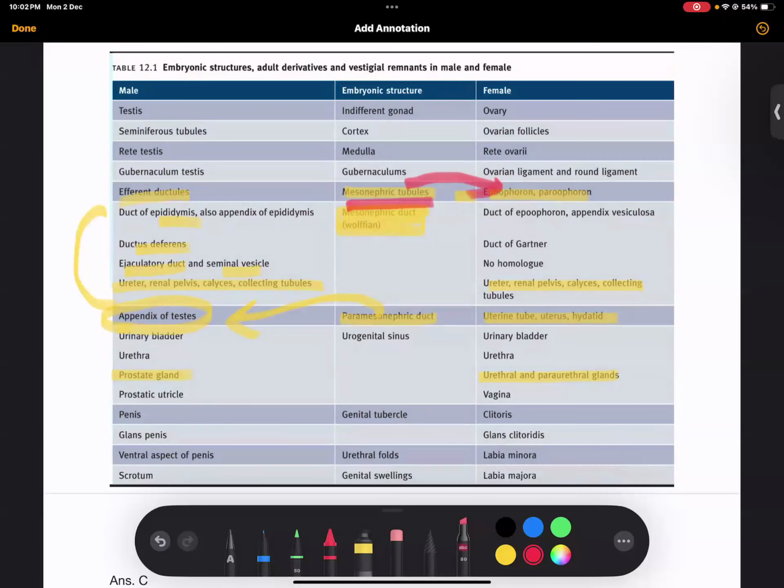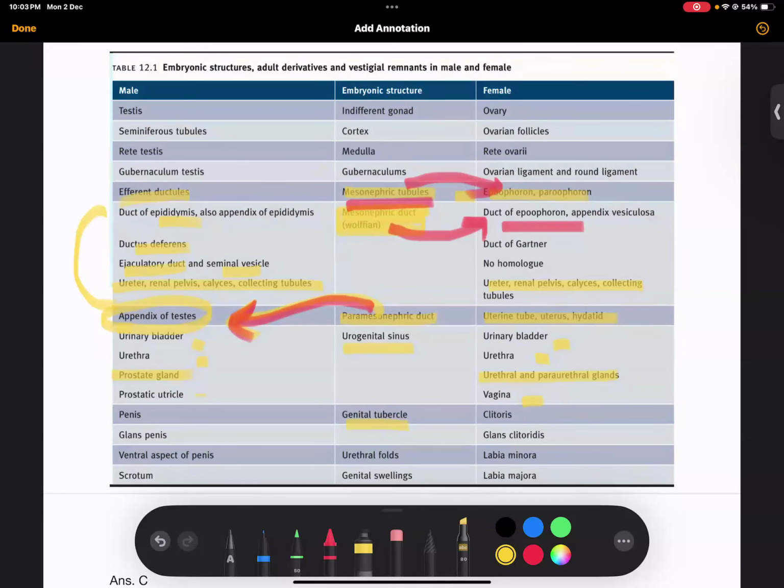Tubules, if they ask you about tubules, then it would be epoophoron. If they ask you about the mesonephric duct, it would be the duct of epoophoron. Okay, so this is a minute difference between these two things. So these two remnants are very important, including the appendix of testis. And if you see this urogenital sinus, the bladder, urethra, and vagina form from this.